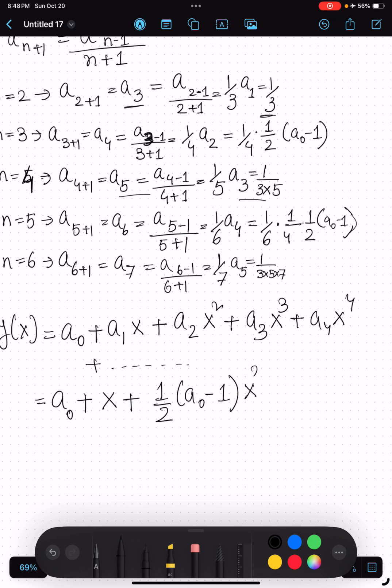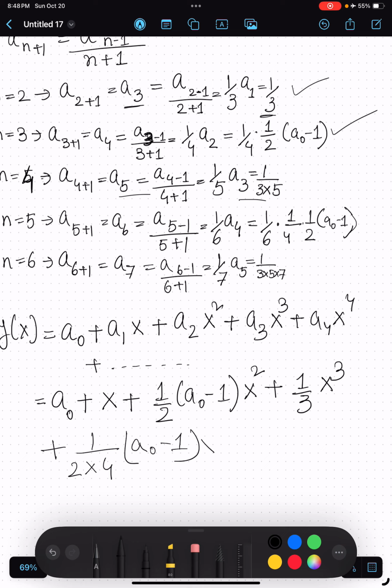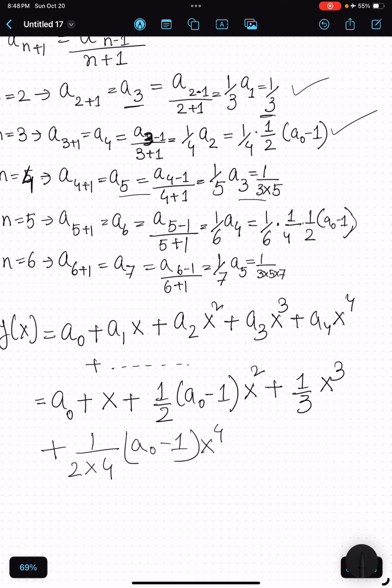Then let's not forget the x squared. Plus my a sub 3, which is this one right here. So it's just going to be 1 by 3 x cubed, plus then I have my a sub 4, which is this one. So I have 1 times 2 times 4, then a sub 0 minus 1, x to the power 4. Then plus, now I'm going to be looking at a sub 5, which is this one. So I have 1 divided by 3 times 5, which is x to the power 5.